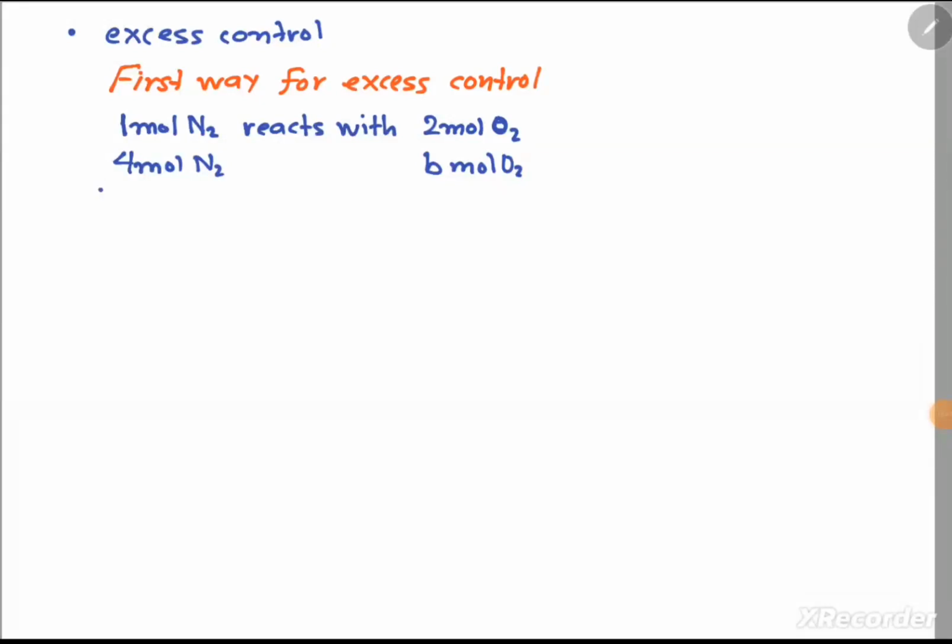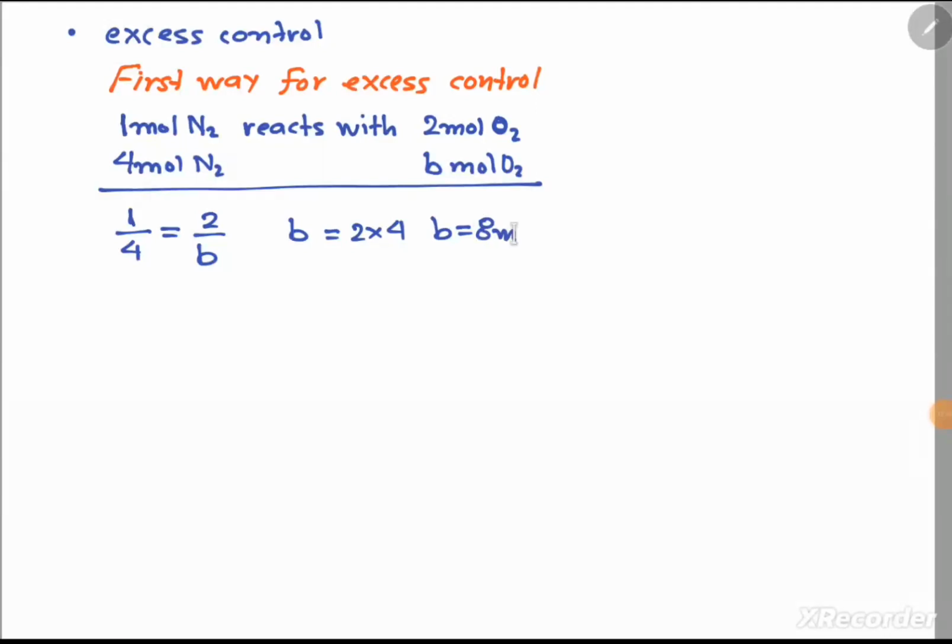We solve the ratio and we find that the 4 mole of nitrogen needs 8 mole of oxygen.